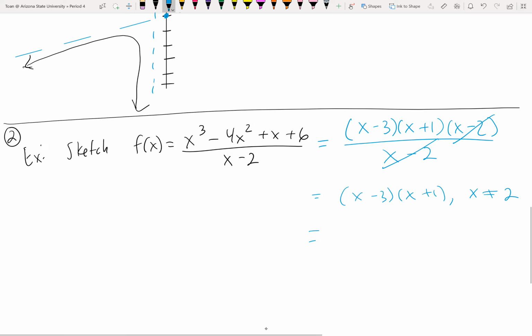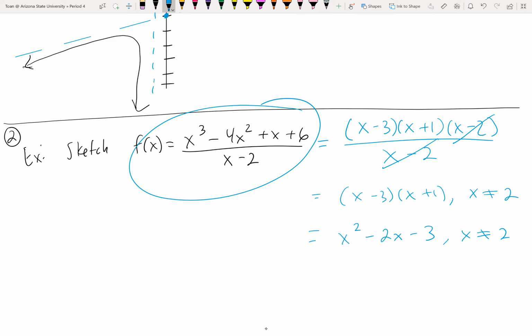And let's go ahead and just unfactorize, aka expand. So if you do repeated distribution, you're going to get x squared minus 2x minus 3. So big spoiler, that is why this rational function looks like a parabola, because he literally is a parabola. However, we have a domain restriction.